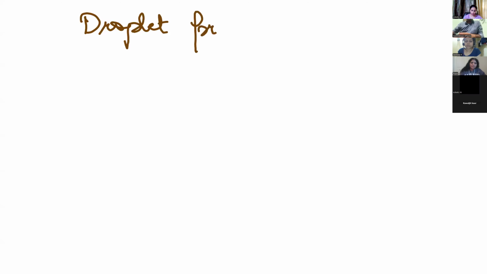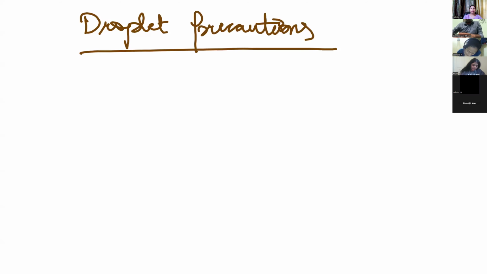So now we will study about meningitis. Keep your pen and notebook with you. The first thing about meningitis is you need to take droplet precautions. What is the meaning of droplet precautions? What do we have to do in droplet precautions?